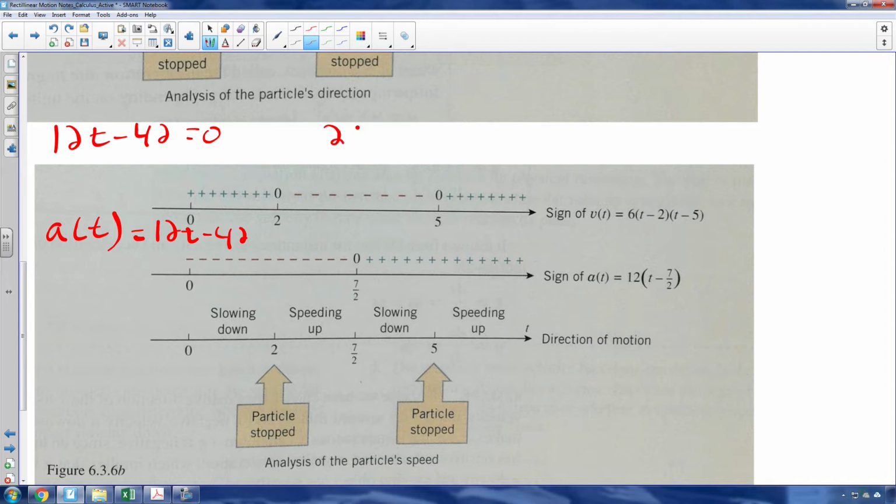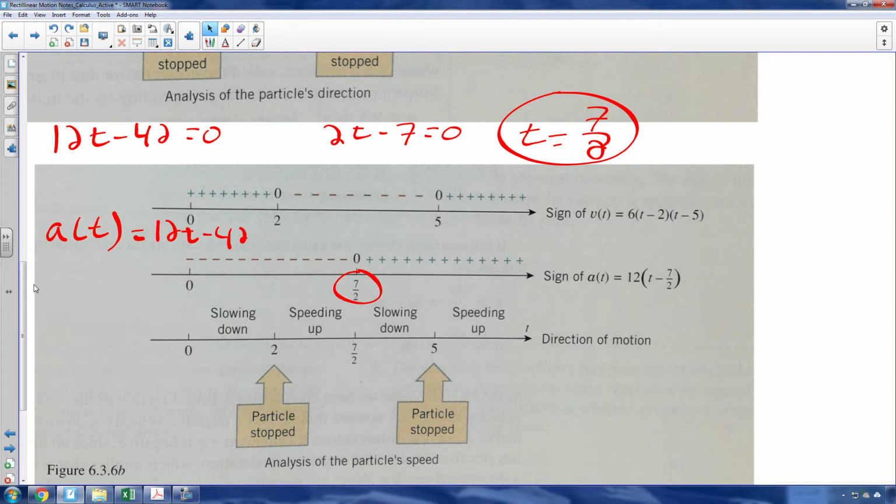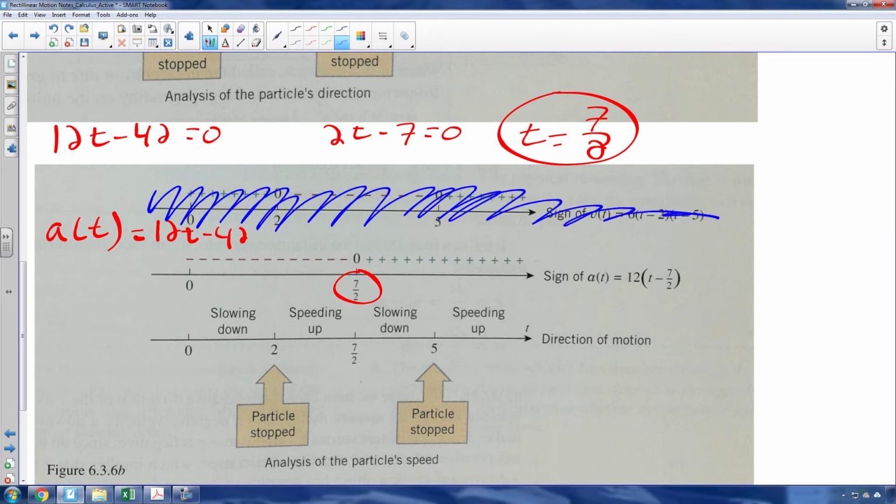Good. So this is the acceleration number line. Let me just kind of break this down a little bit for you. We had the acceleration up above to be as follows: 12t minus 42. I'm copying that from above. If you take that 12t minus 42 and set it equal to 0, you could divide both sides by 6.